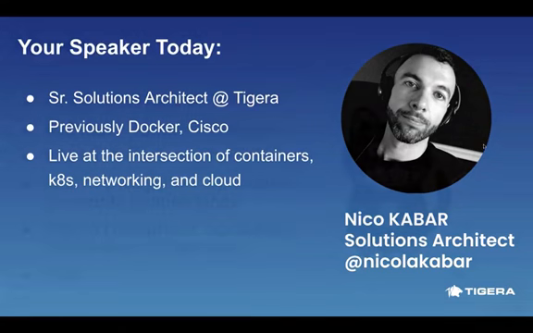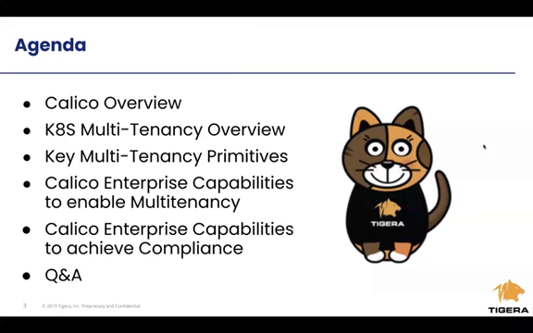For today's discussion, we're going to do a quick overview of Calico, to help you get familiar with both Calico and Calico Enterprise if you're not familiar with either of those solutions. We'll dig into the Kubernetes multi-tenancy overview and talk about the key primitives for multi-tenancy, especially in the context of Kubernetes, and showcase some of the Calico Enterprise capabilities that can enable that and are aligned with Kubernetes multi-tenancy and best practices around those.